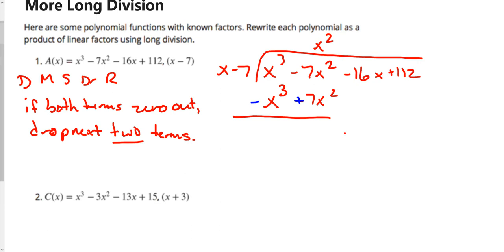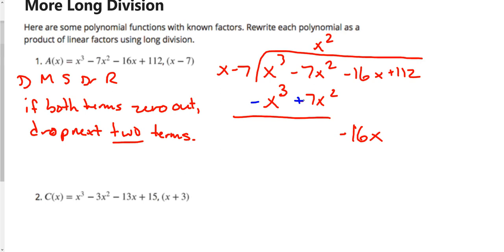You're going to have a minus 16x. Okay? You'll have a 0 here, and you could divide 0 by x, but that will just be 0. So instead, it's worthwhile to drop not just the one term, but the second term as well.